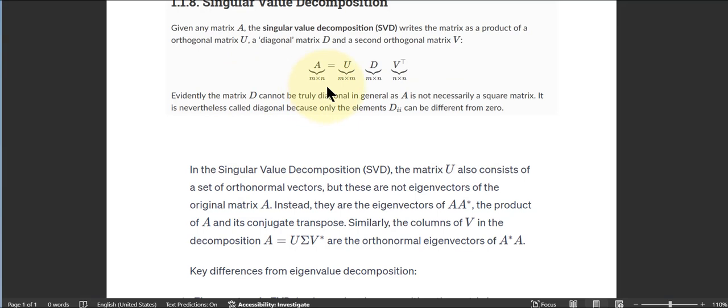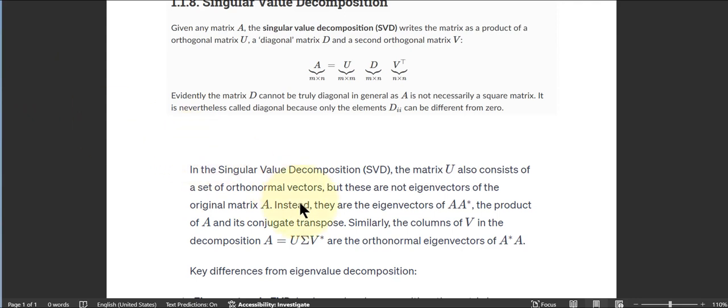Remember that before, U was the eigenvectors, an orthonormal set, so they were all perpendicular. Now in the singular value decomposition, it's also going to be an orthonormal set of vectors, but they are not going to be the eigenvectors of the original matrix A.